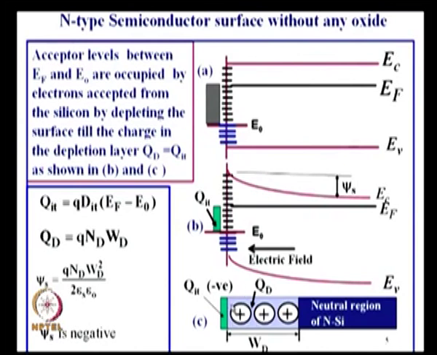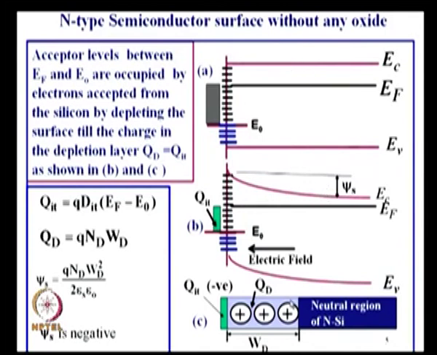So, once there is a depletion layer like this, the electric field is in that direction. So, what happens to the energy band diagram? I hope you are familiar with the energy band diagram. If there is no electric field, the energy band diagram is flat. Wherever there is a depletion layer, there is an electric field and the energy band diagram will bend.